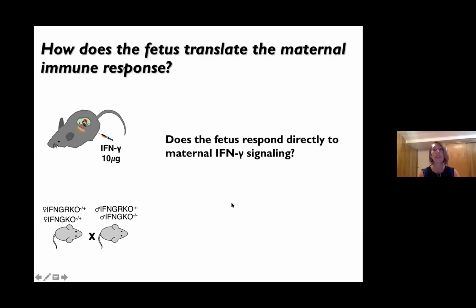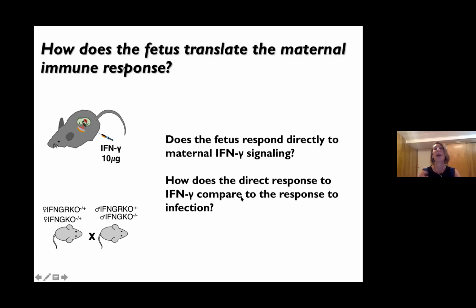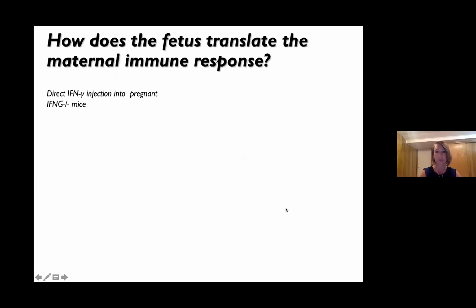We use this model to ask, does the fetus respond directly to the maternal interferon gamma signaling, or is there some translation of interferon gamma signaling happening on the fetal side? We also want to know how the direct response to interferon gamma compares to the response to an infection, to tease apart if interferon gamma is the real driver of these changes.